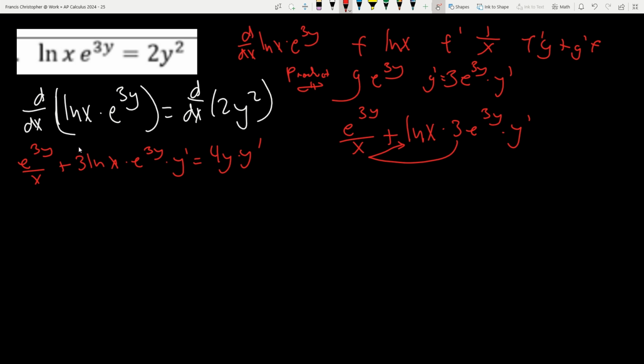This looks a bit messy, so I'm going to put these in parentheses. I want to move all of my terms involving a y prime to the left, so let's do that. This is already here, so 3 natural log of x times e to the 3y times y prime. I'm going to subtract negative 4y times y prime on both sides.